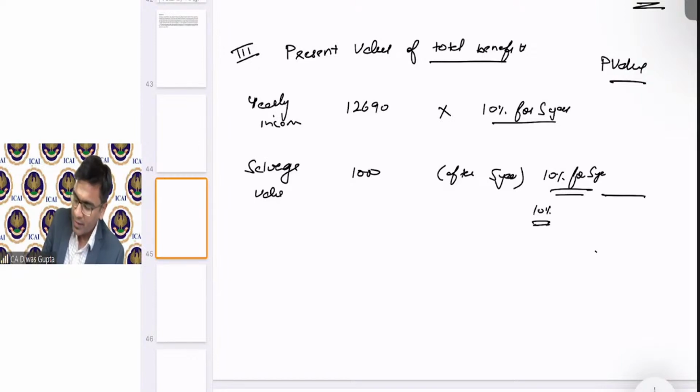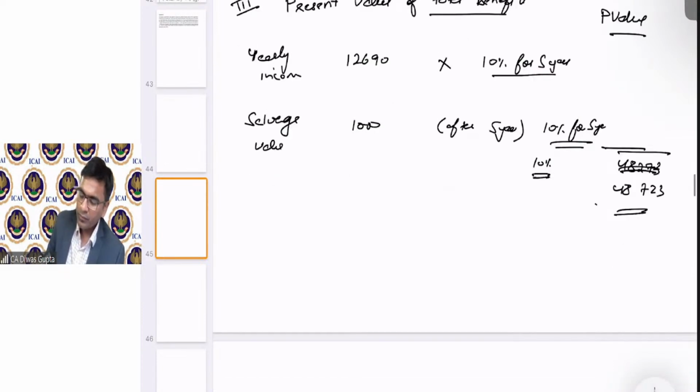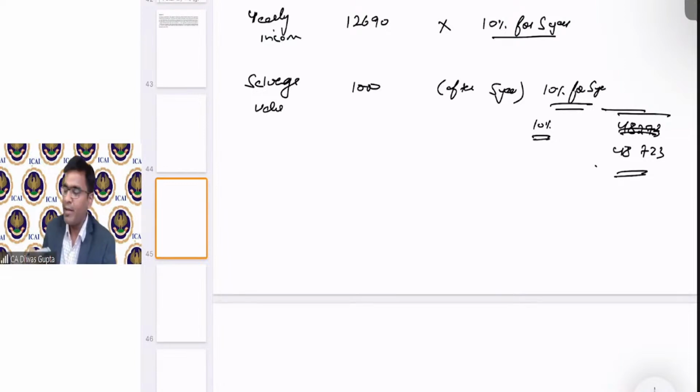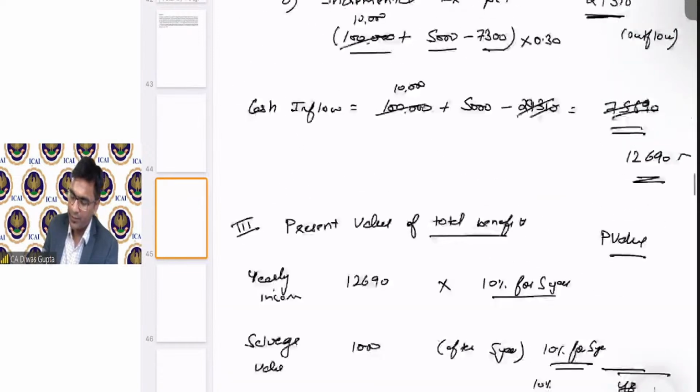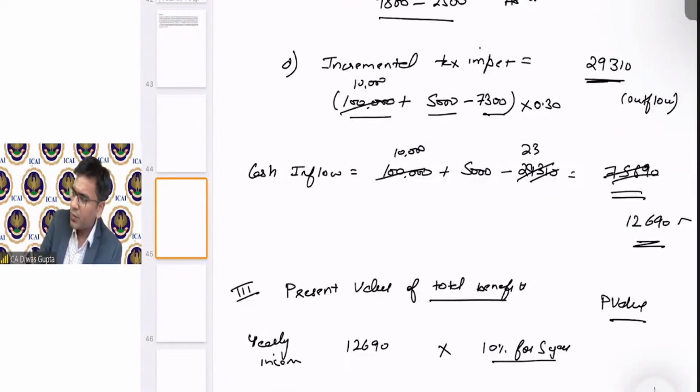So the total will come as 48,723. So the present value of in totality benefits will be 48,000. Yes, so tax impact will be 2,310. You're right. 2,310. Thank you, Mansha.